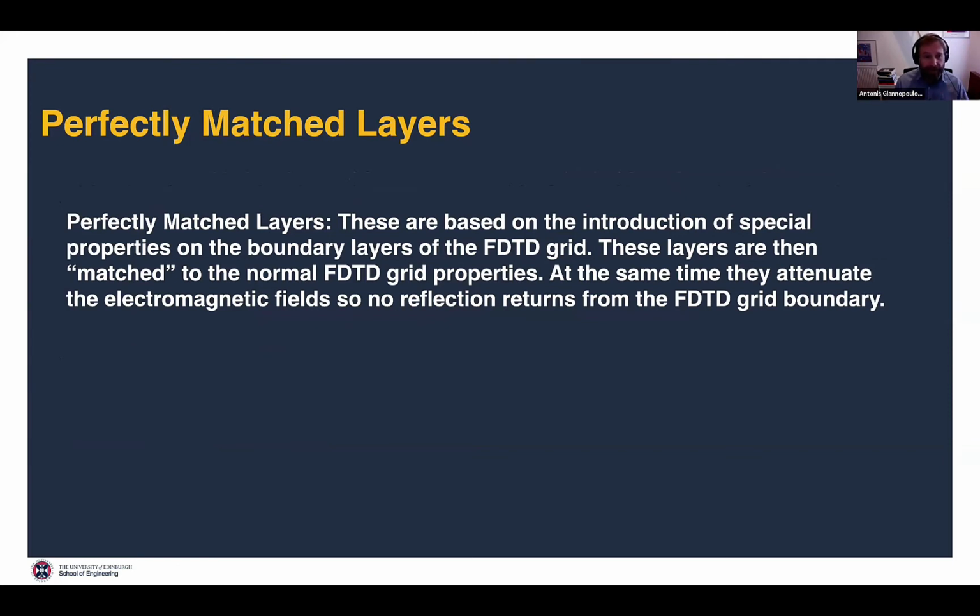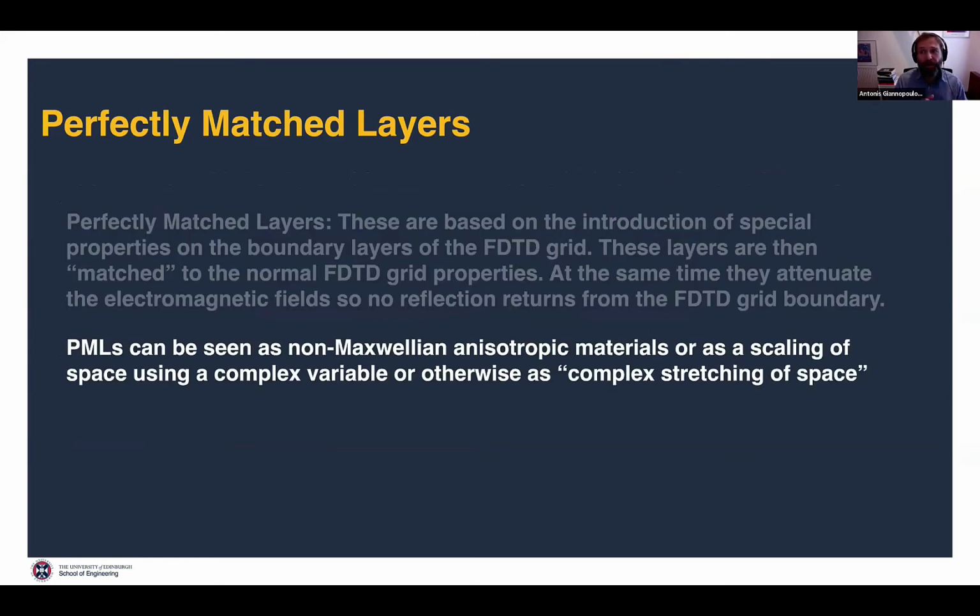Which is really a tricky thing to do. And the way you see a PML is basically either as a non-Maxwellian anisotropic material, a material that actually doesn't exist but has some funny properties, or, in a better way in my view, as a complex stretching of space. And I'll explain what that means in a minute.